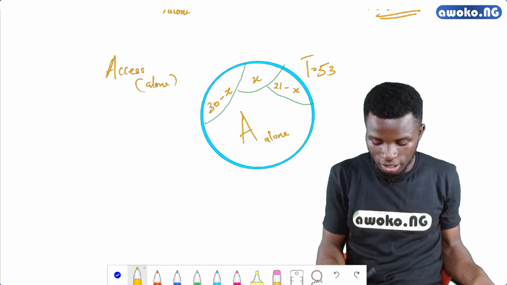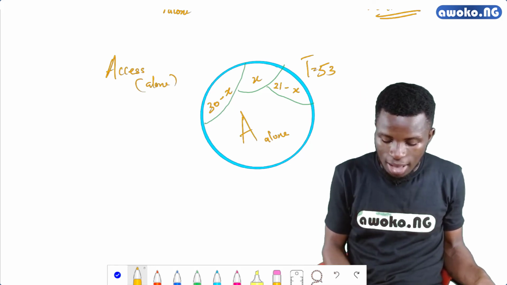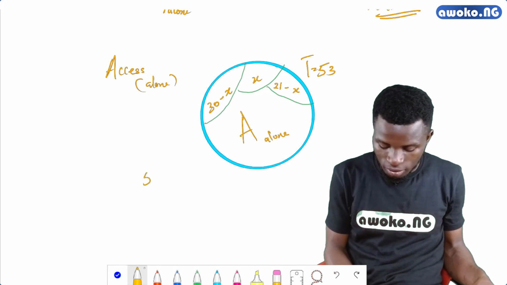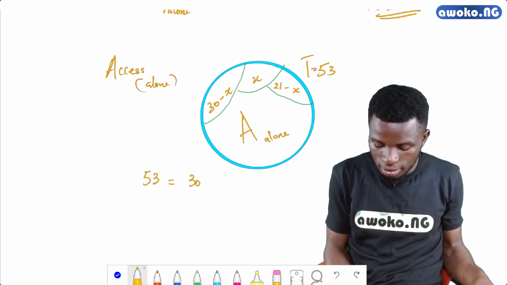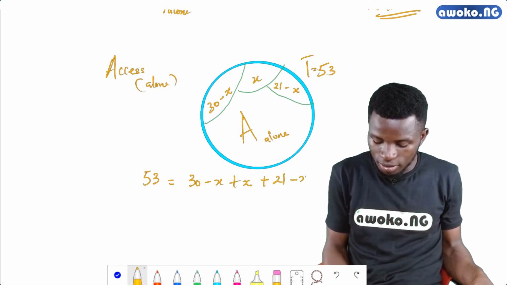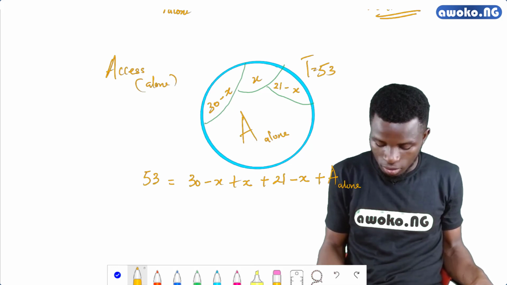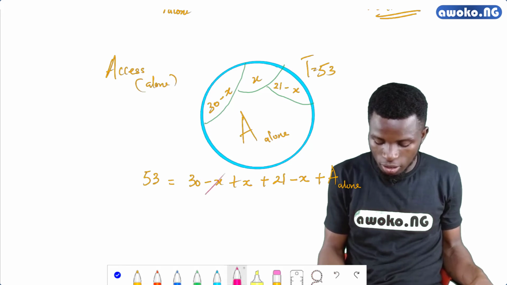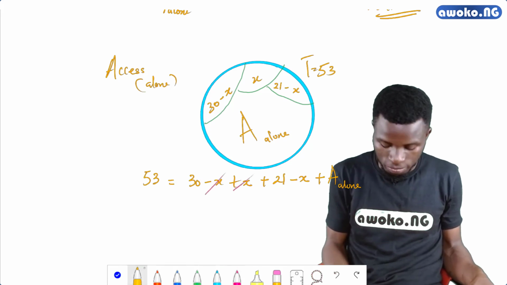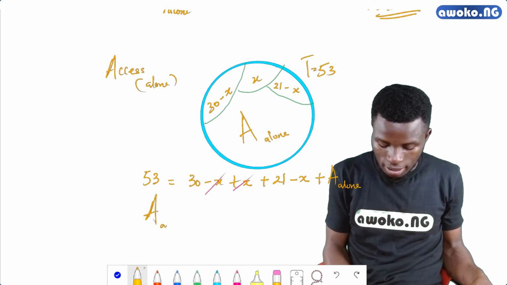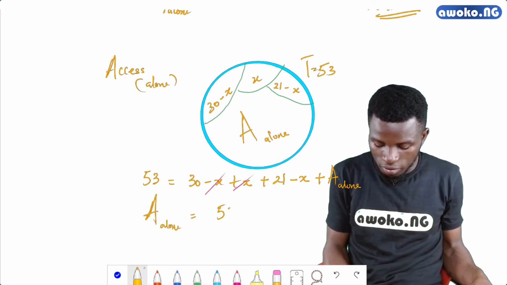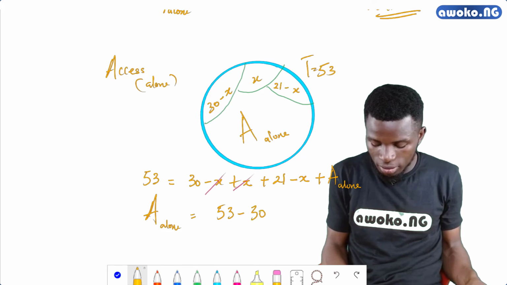Now, if you do this, you realize that Access Bank alone will be 53 equals 30 minus x plus 21 minus x plus Access alone. Of course, this will cancel out and we are left with Access alone will be equal to 53 minus 30 minus 21 plus 16.